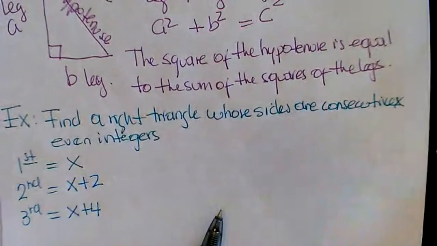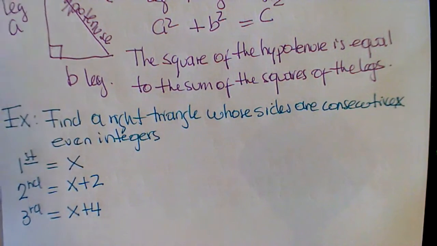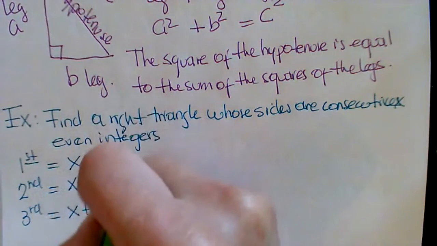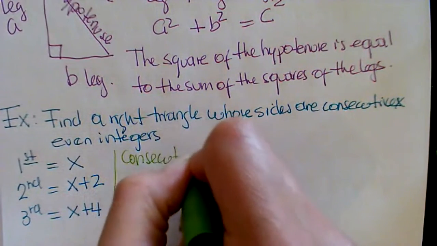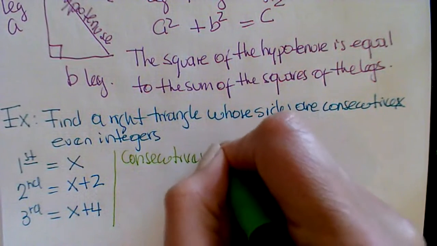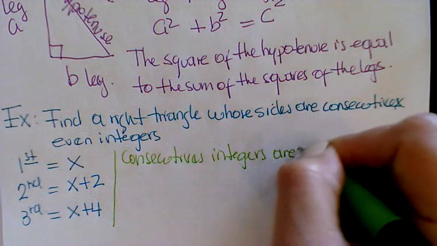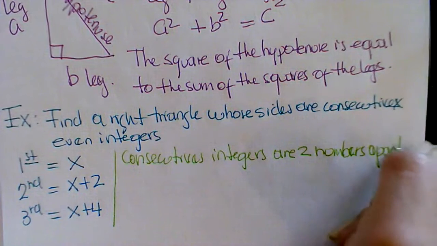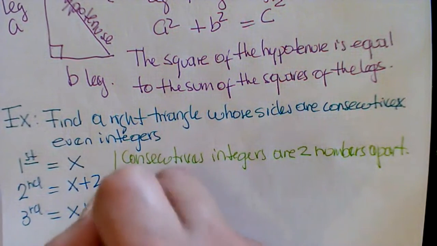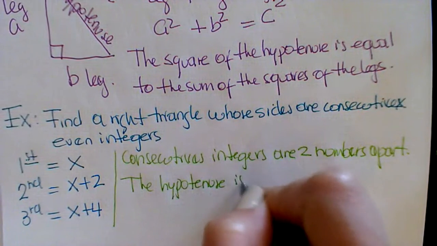And so consecutive even integers are two numbers apart. Okay? And the hypotenuse is the what?